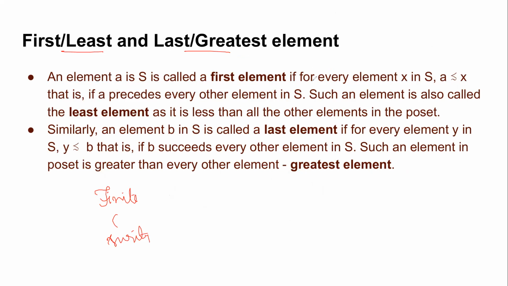Remember this condition: every element should be less than it, or every element should be greater than it. We cannot have a surety, right? Because if there is more than one, then definitely there is no least element or first element.